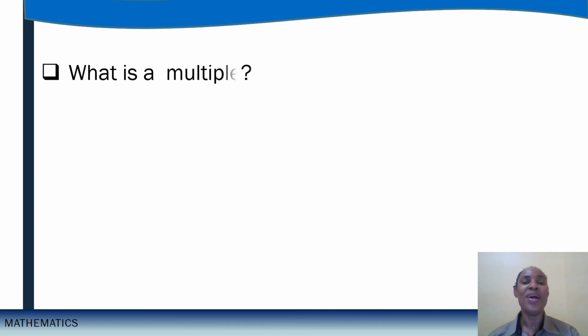Boys and girls, you have done so well with adding multiples of 10 to numbers less than 10. Now here are a few points I want to remind you of from today's lesson. The first point I want you to look at is, what are multiples?